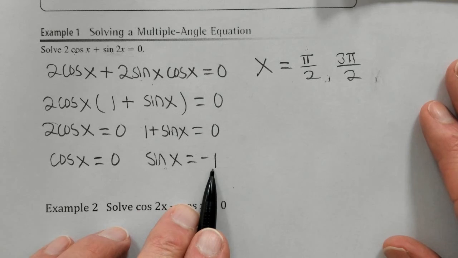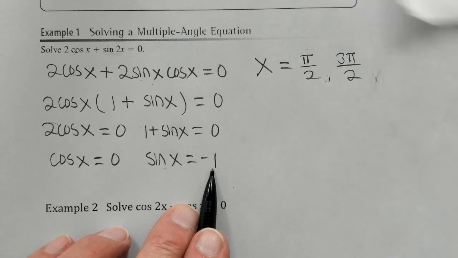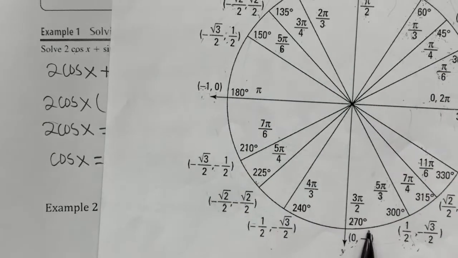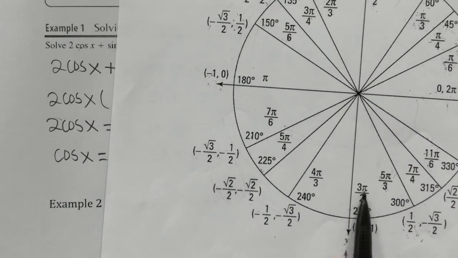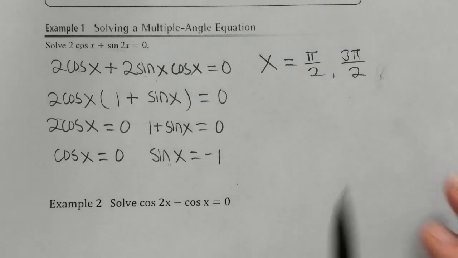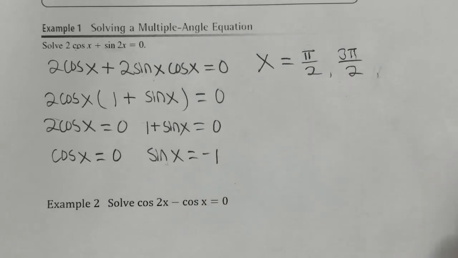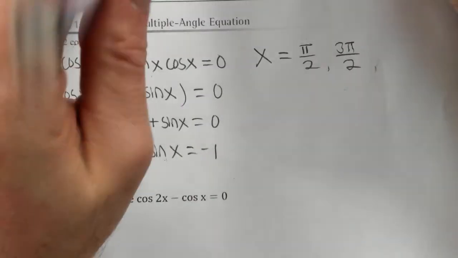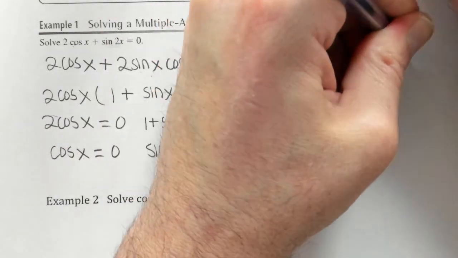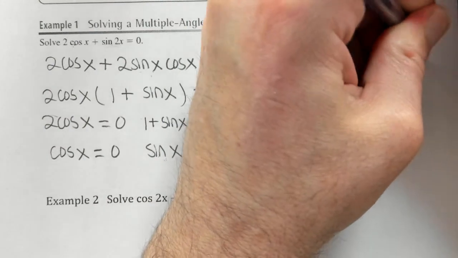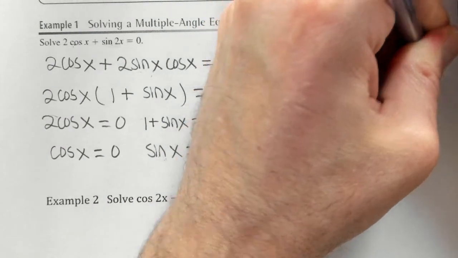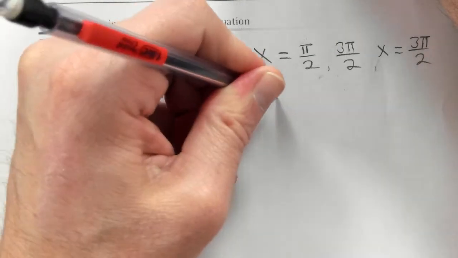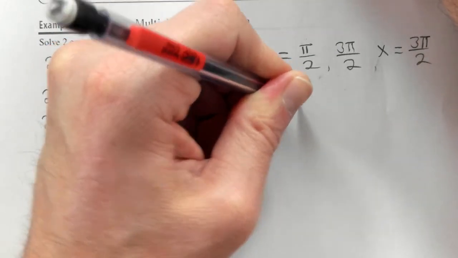The sine is the y-coordinate, so I'm looking for y-coordinates of -1. I see only one, and it's at 3 pi over 2, which we already have as a solution, so we don't need to write it again. I'll explicitly write that out so we know that it's from the second one, 3 pi over 2. But when I go to write out the full solution, we know that that one was already listed.